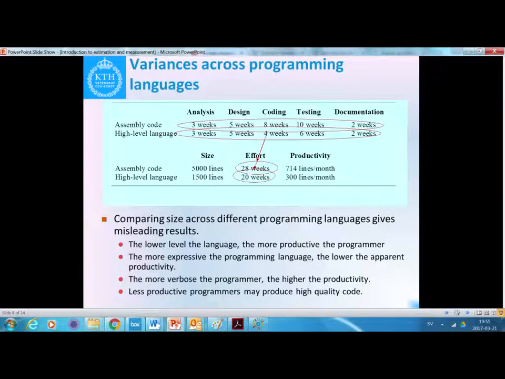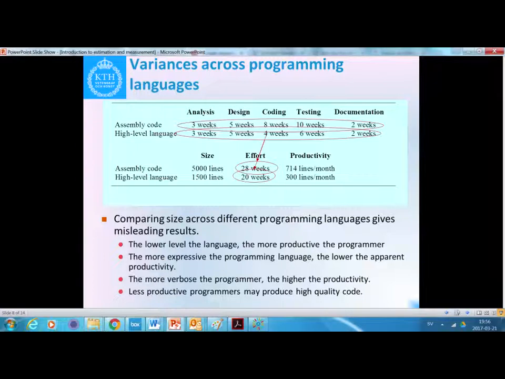What you can do is compare within one and the same language, because the lower the level of the language, the more productive the programmer appears. It looks like a programmer writing systems in assembler is more productive than another programmer. The more expressive the language, the lower the apparent productivity.